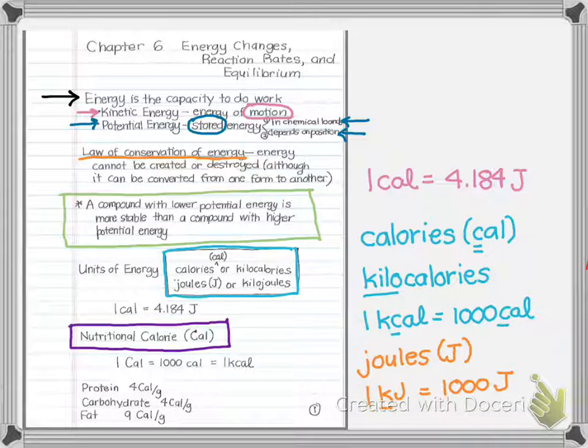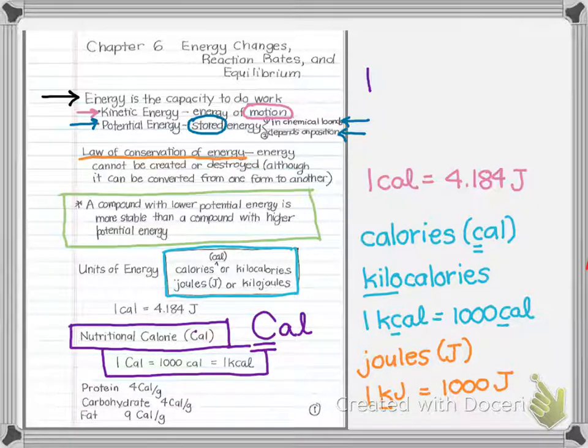One thing you'll notice in the notes, a nutritional calorie has a capital C when you are abbreviating it. So I want you to go in your house and look at one of the nutritional labels and notice that when it says calories, it's a capital C. And the relationship is right here. So 1 nutritional calorie is actually 1,000 calories.